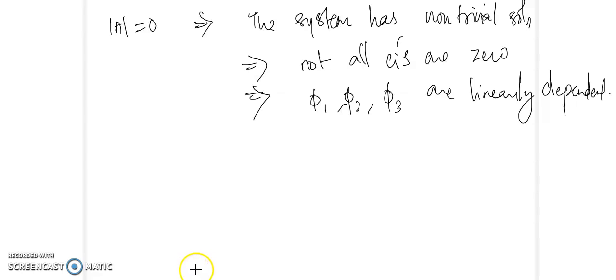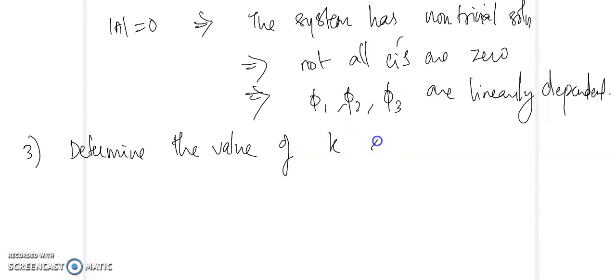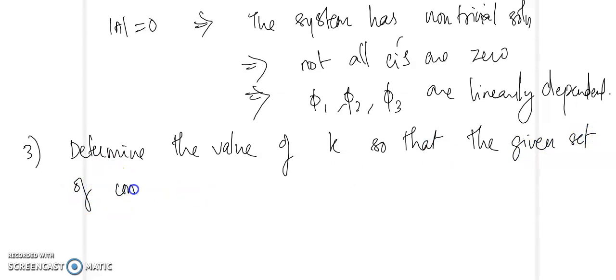Now let us see one more problem. So the next question is, determine the value of k so that the given set of constant vectors is linearly dependent.